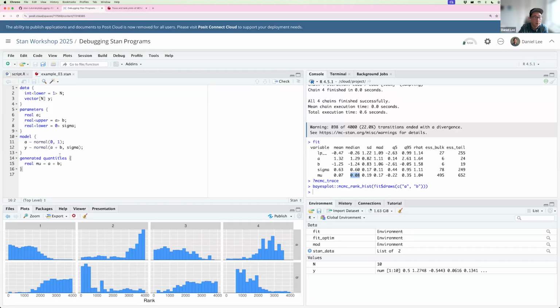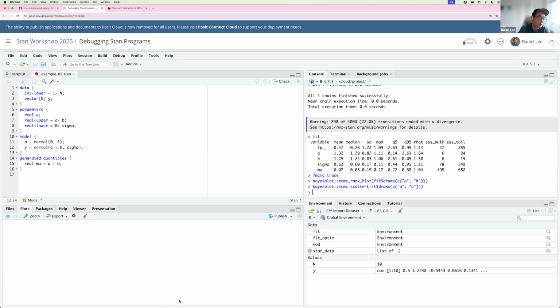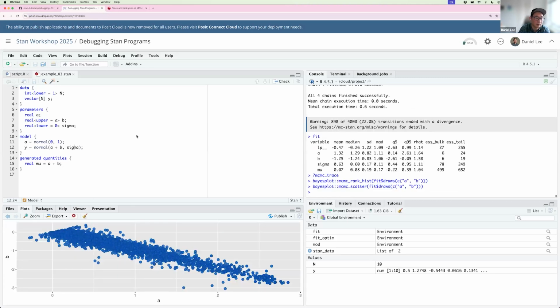How do you identify whether or not you have this sort of problem? Sometimes you're going to end up with slow sampling. Sometimes, if you plot the scatter, you're going to see a pattern. Sometimes you'll see a pattern that looks like that.